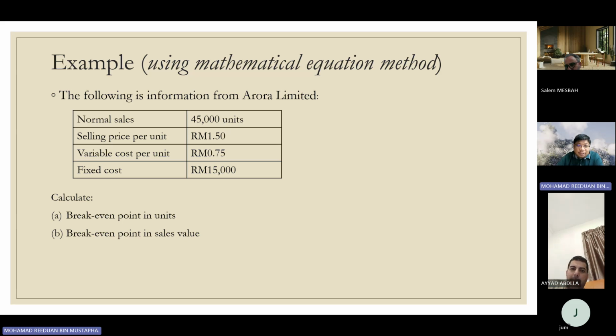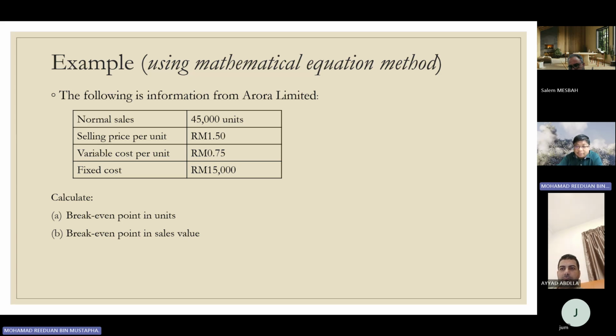Now, do you understand? This is the minimum amount, 20,000 units, in order for you to neither lose nor gain. It's the break-even point, because if you want to produce, at least you need to sell 20,000. If you produce 45,000 but can sell only 20,000, then you don't get any profit.